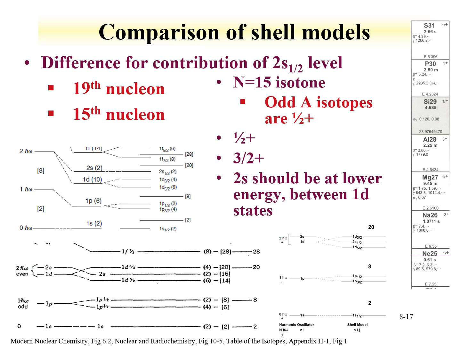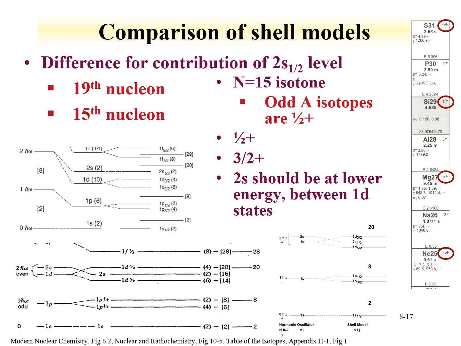Now the difference between these two models would be demonstrated if you're filling for an isotope with an unpaired nucleon between the 15th and the 19th nucleon. For example, let's look at an isotone of N equals 15, and we see that those states with odd A, where the unpaired nucleon is the 15th neutron, all have a spin of 1/2 with positive parity. So let's see which model predicts this state.